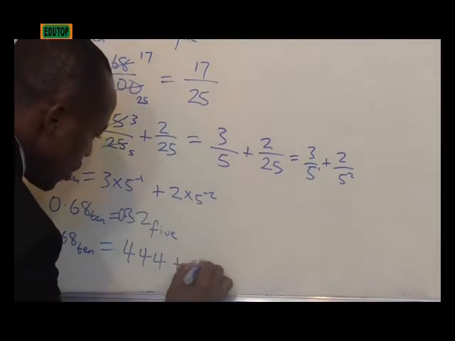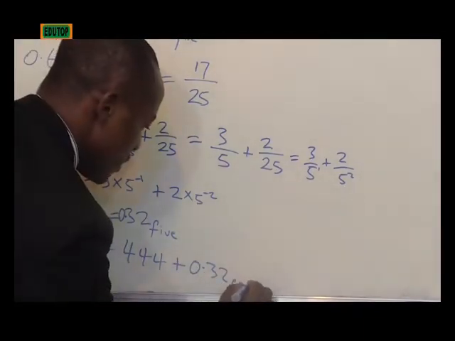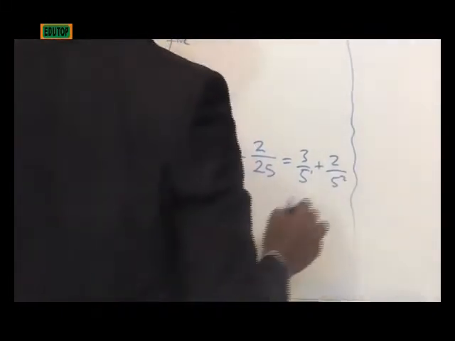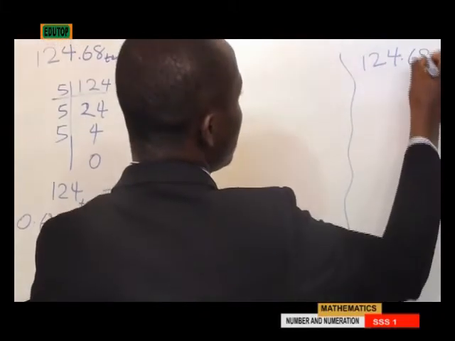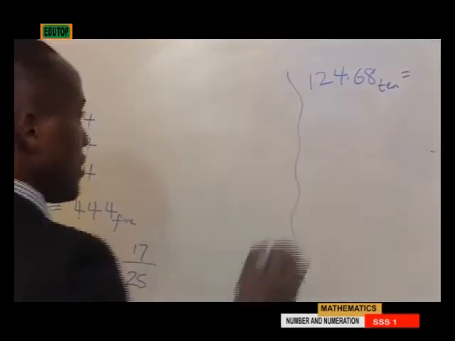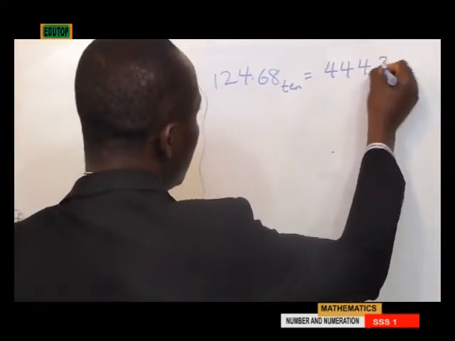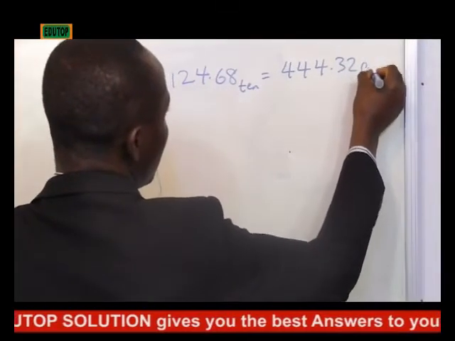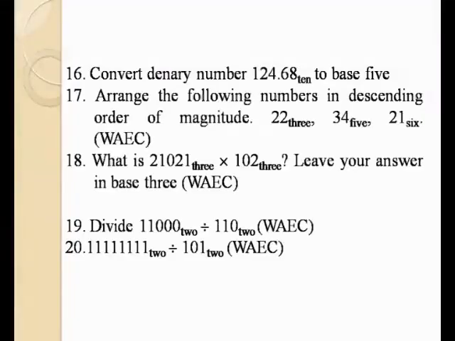So 124.68 base 10 is equal to 444.32 base 5, which is our final answer.